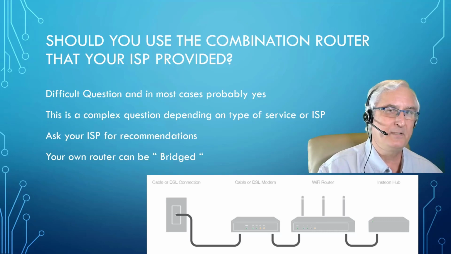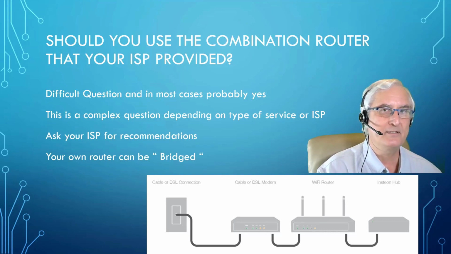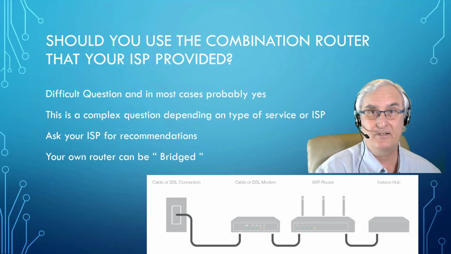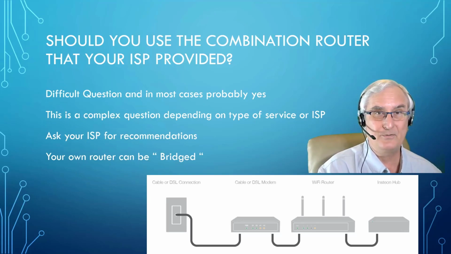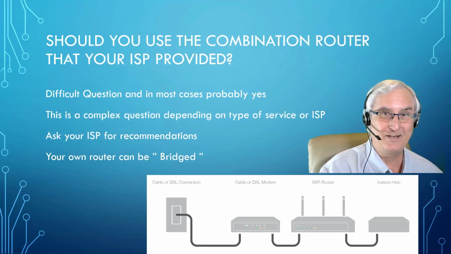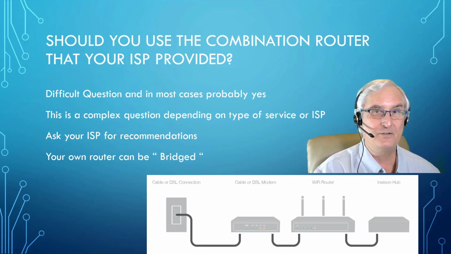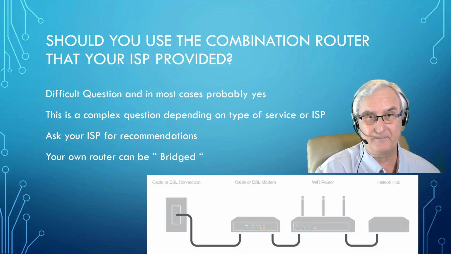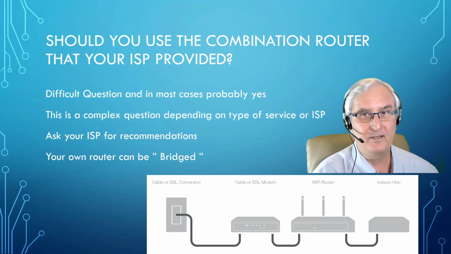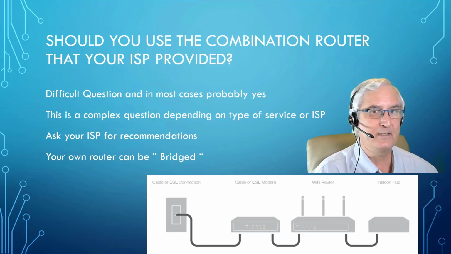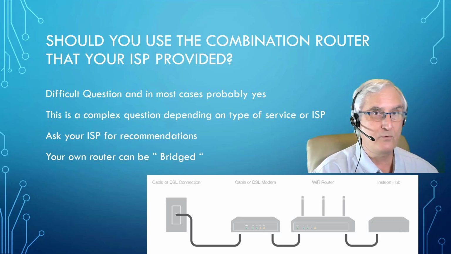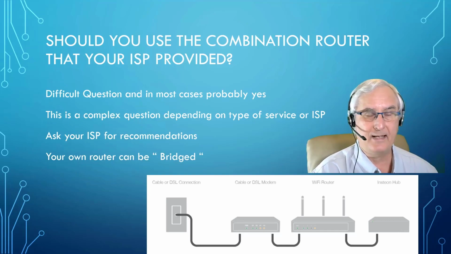Well, that would be a little bit sneaky, because then people could simply take their router and plug it into their neighbor's system, and that neighbor could plug in another neighbor, and pretty soon on one service connection you could be running a small network. This is frowned upon by the ISPs. That's why they're really careful, and in most cases they only allow one router to be connected per service. So that's why you have to have it bridged, and the company needs to do that.